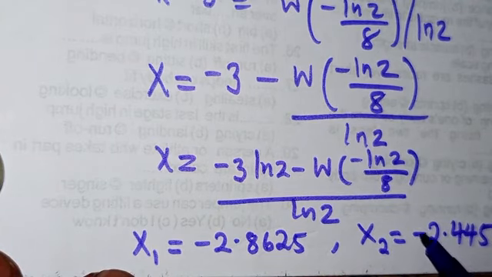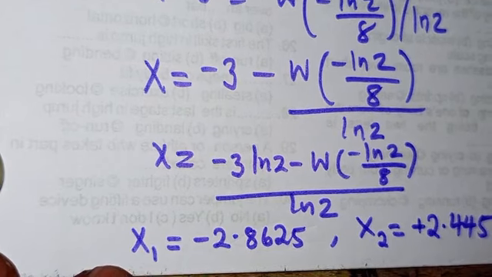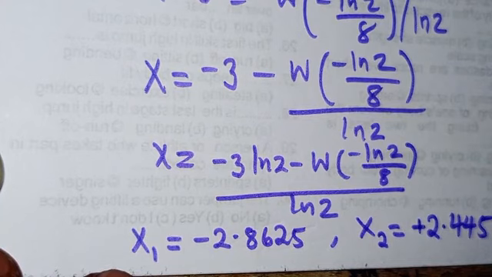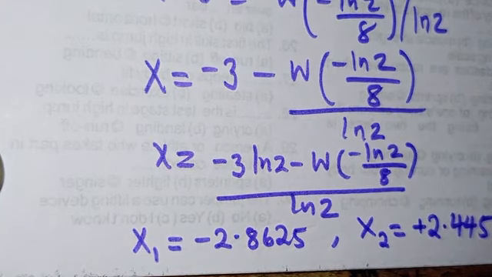Now it's going to be positive, not negative. So we have x1 equals minus 2.8625, and x2 is going to be plus 2.444. Approximately we have it to 3 decimal places here, and 4 decimal places here. And that is the solution to the question.